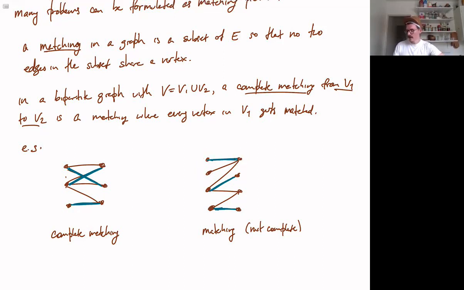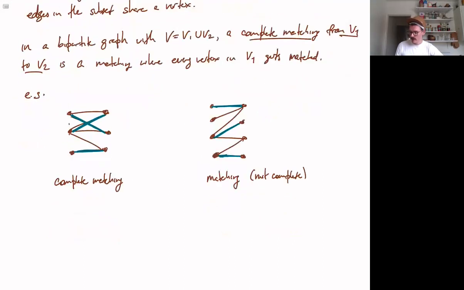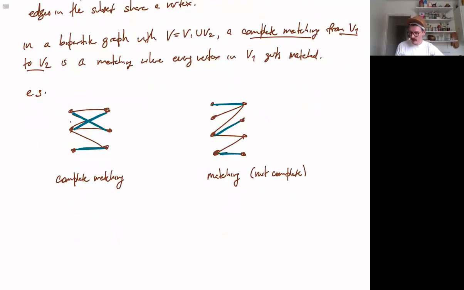And that is sort of a hint at the theorem for when you can find a complete matching, which is called Hall's marriage theorem. Marriage, just because matching is like pairing people up to get married.